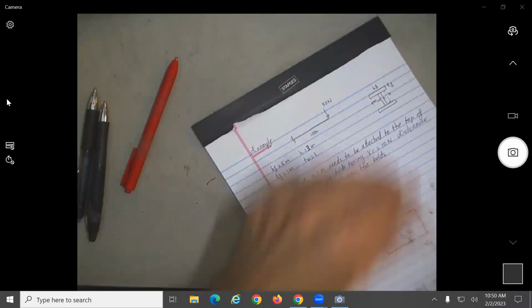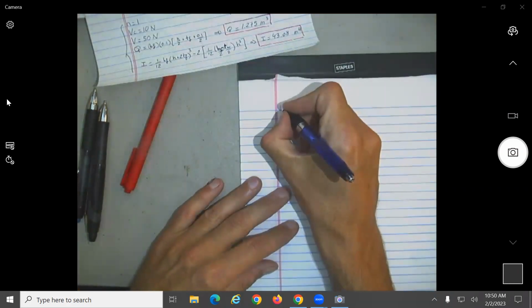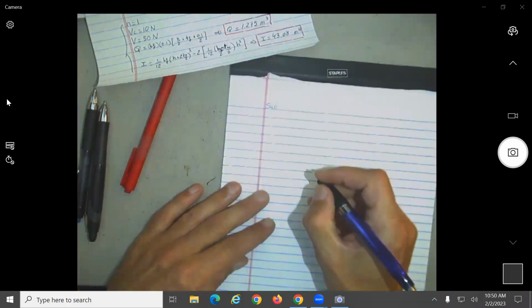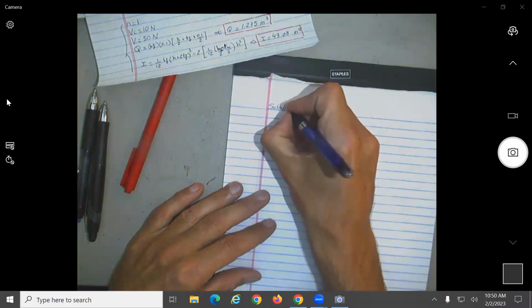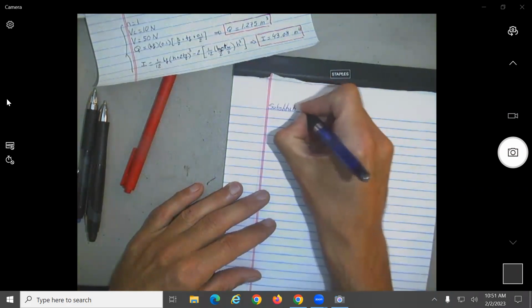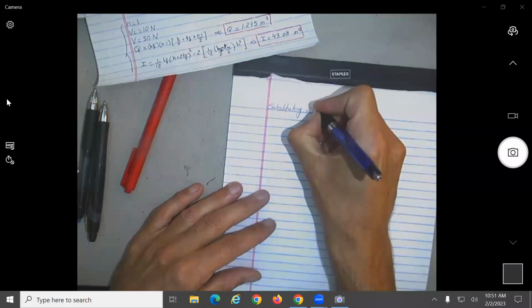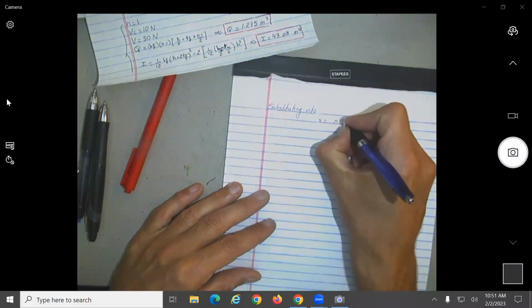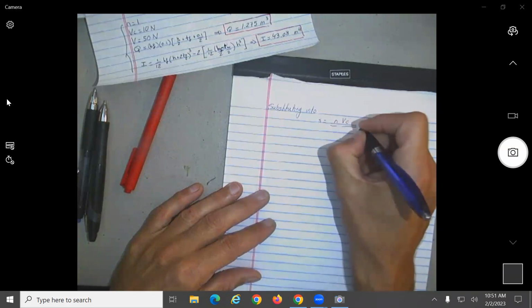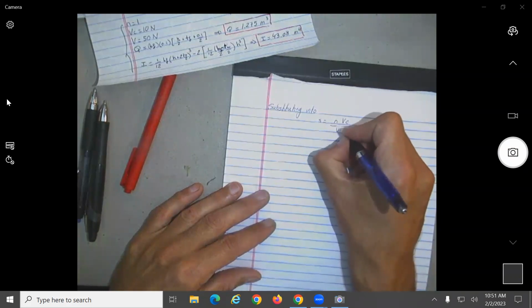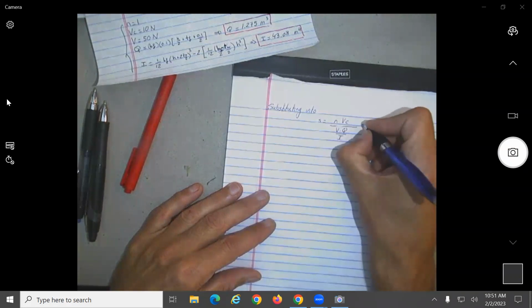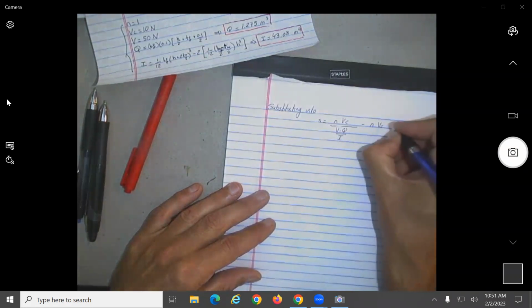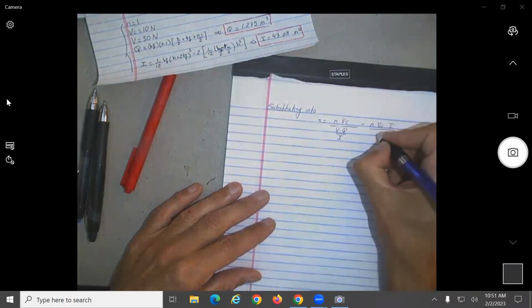Okay, so finally, I'm going to rewrite the equation. So substituting into S equal to N BC divided by DQ over I. So we can say this is equal to N BC times I divided by DQ.